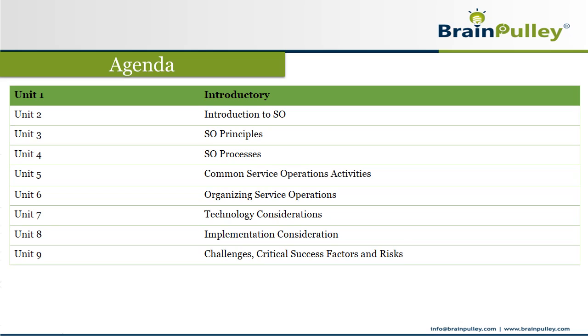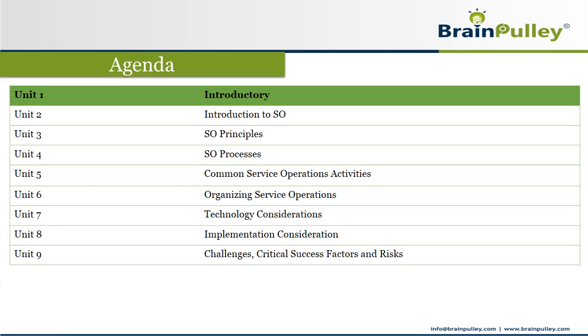Post that, we will discuss certain activities that are performed within service operations. Then, in Unit 6, we will structure the service operations as an organization. Then under the heading Technology Consideration, as a part of Unit 7, we will discuss the tool consideration for various processes within service operations.